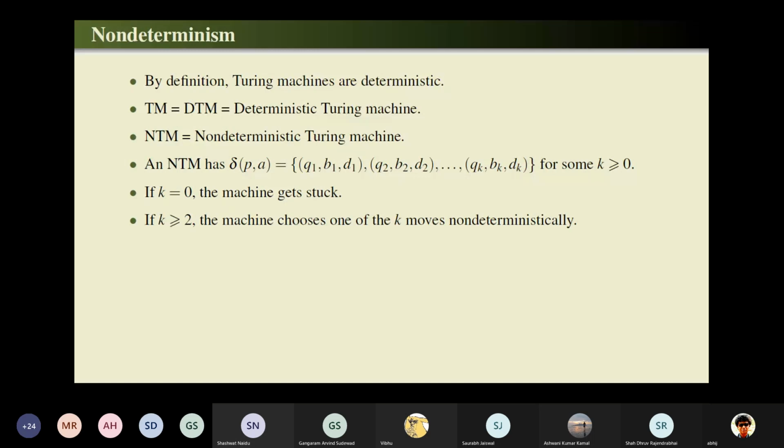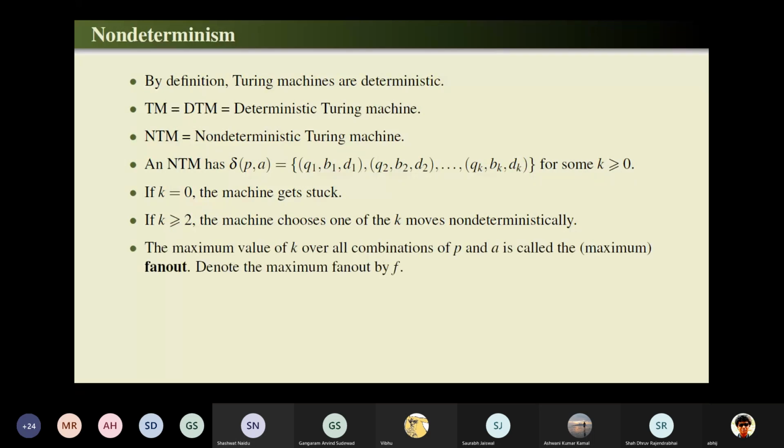And if K is greater than or equal to 2, then the machine chooses one of these K transitions non-deterministically. It's exactly what happens for non-deterministic machines. And I will use the maximum possible value of K in a transition in the last slide to do some kind of work.